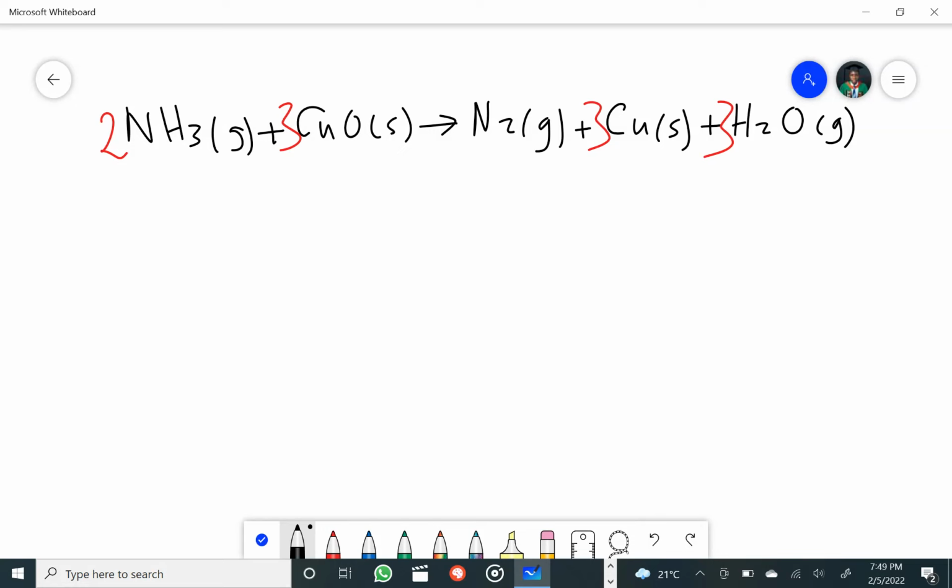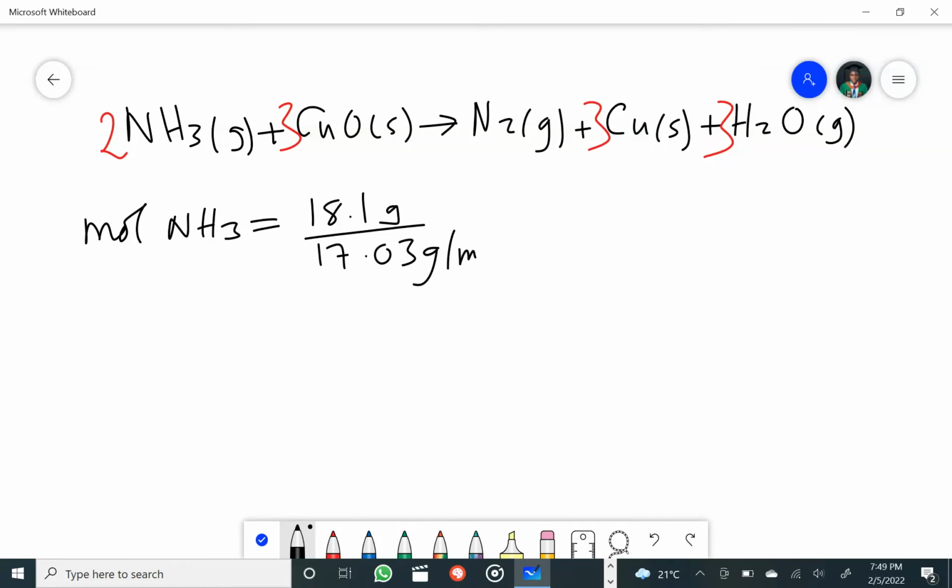So what we're going to do, again, same procedure. We're going to find the moles for ammonia. They gave us the mass of ammonia to be 18.1 grams, and the molar mass, again, is 17.03 grams per mole.